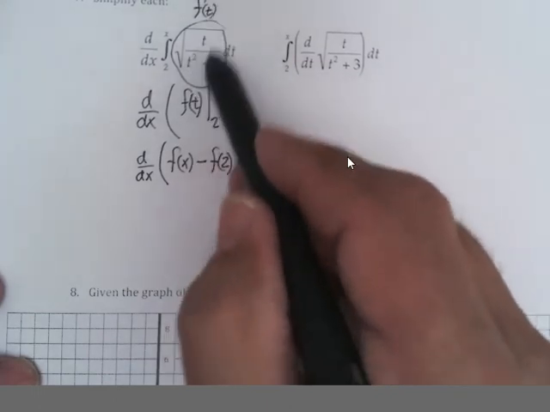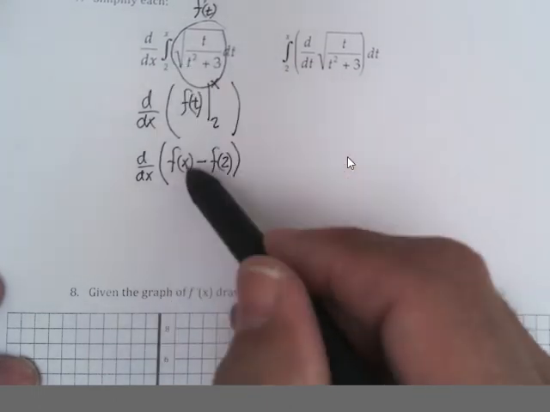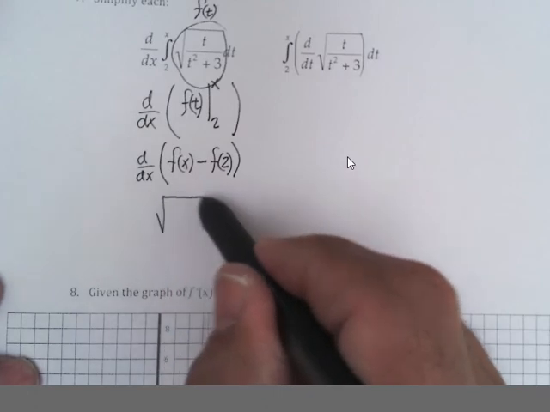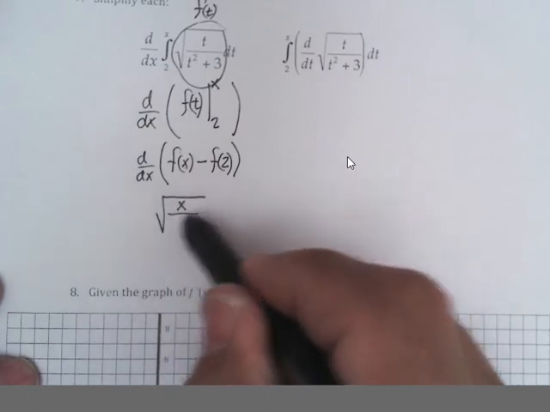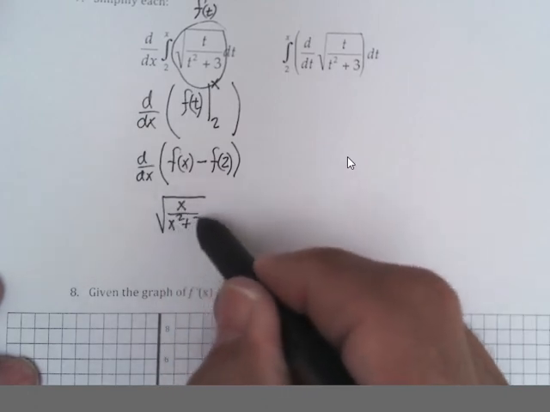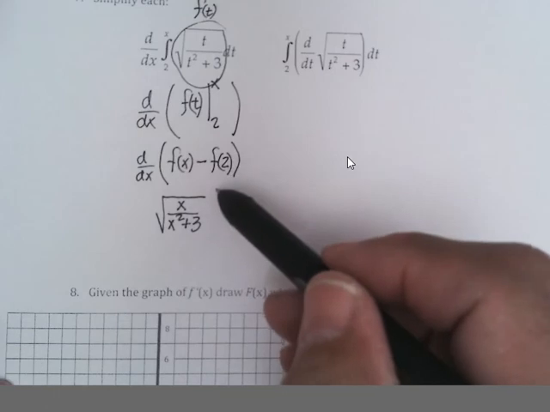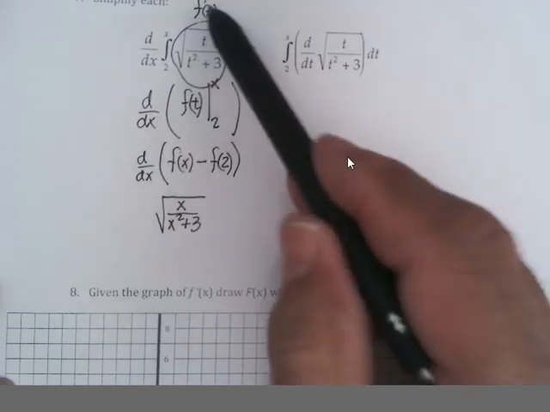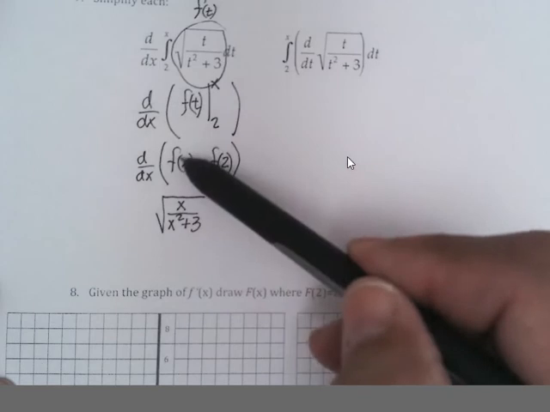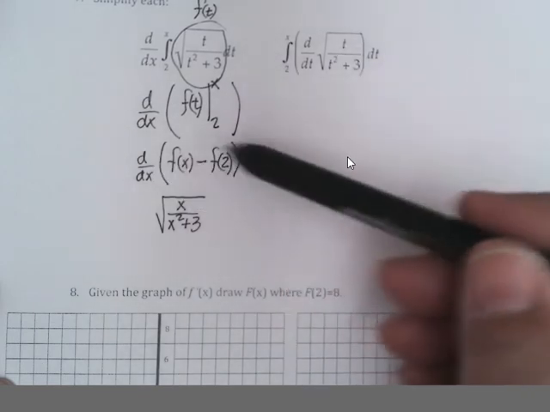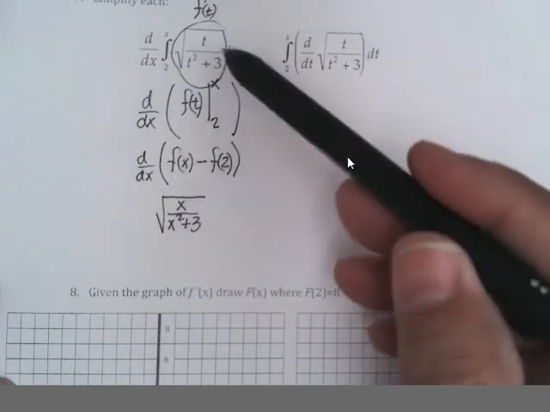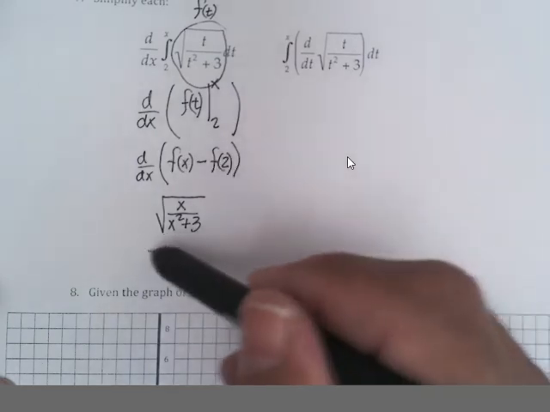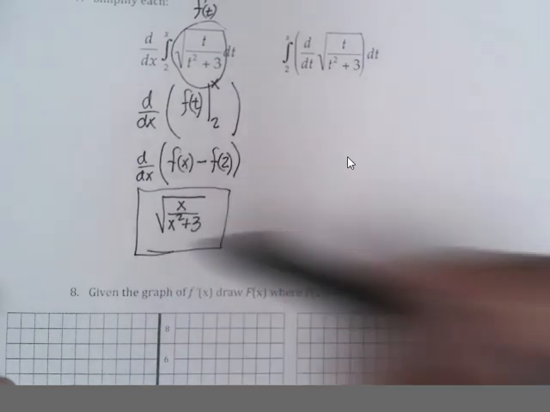Well, that derivative is this, but it says of x, so I've got to put x in for the t, so I'm going to get the square root of x over x squared plus 3. That's taking the derivative of a function. I get its derivative with x in it. And then with the 2 in there, that makes this a constant, so the derivative of a constant is 0. So there's my final answer.